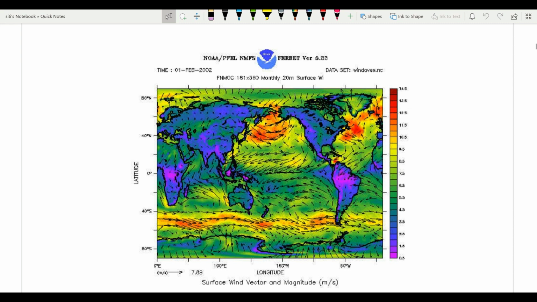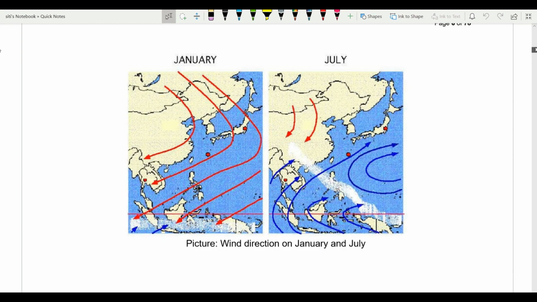This one represents the wind speed in meter per second. This is the latitude. The average wind speed for Malaysia is about 0.5 to 2.5 meter per second. Very low wind speed.